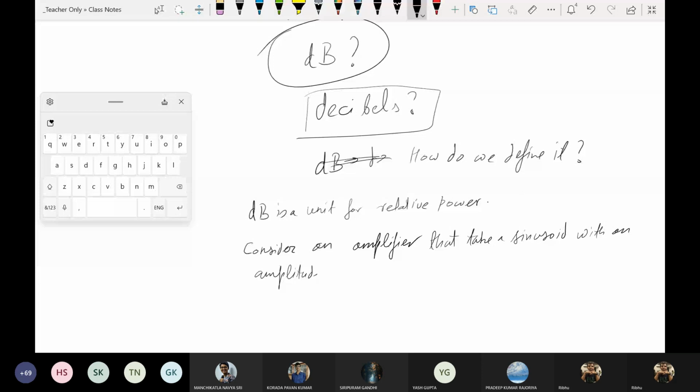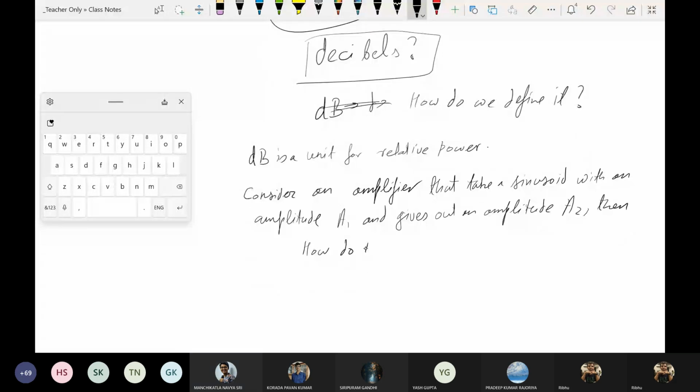Then how do I define the gain of this amplifier? Simply gain: A2 by A1, right?